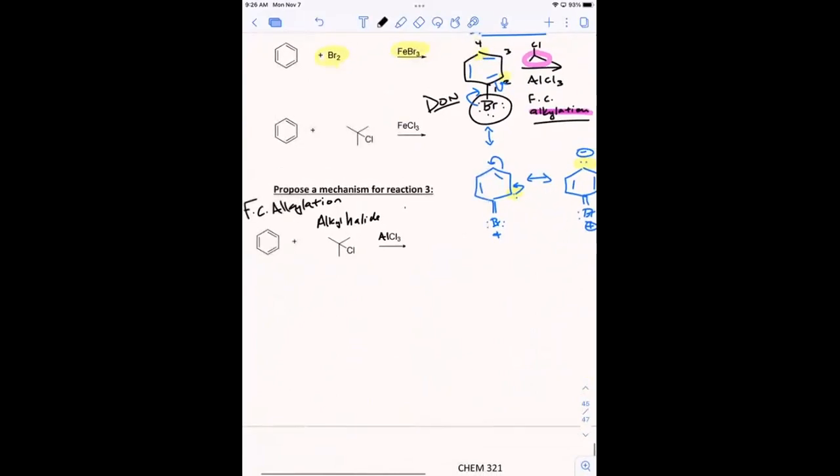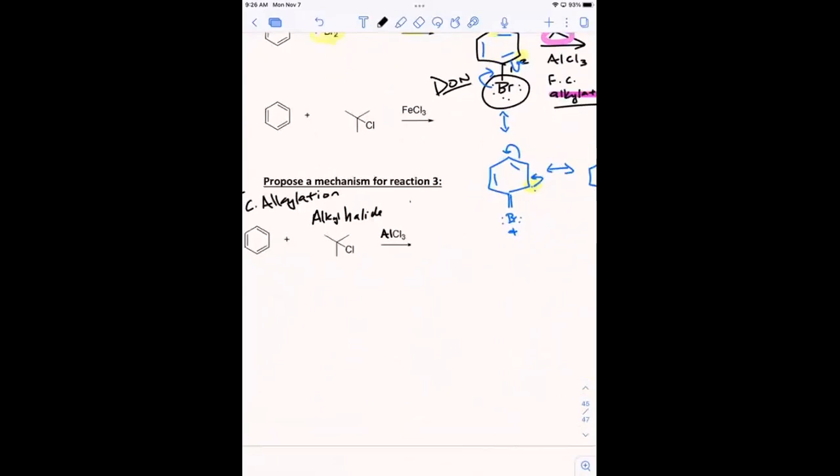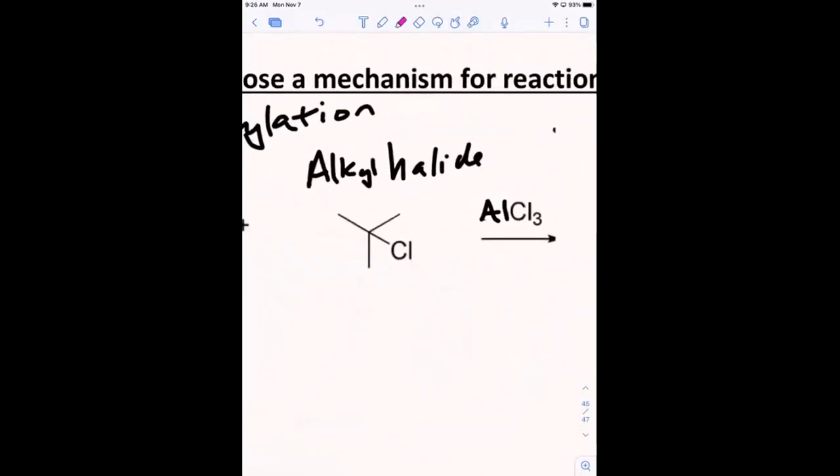So if I have an alkyl halide and an aromatic ring in the presence of a catalyst, it's the alkyl portion of the alkyl halide that's going to get added to the ring, not the halogen itself. If we go back and think about the mechanism, the halogen actually gets pulled off by the catalyst. That's the first step. In any of these reactions, the first step is to prepare your electrophile.